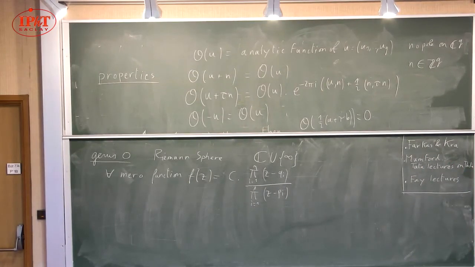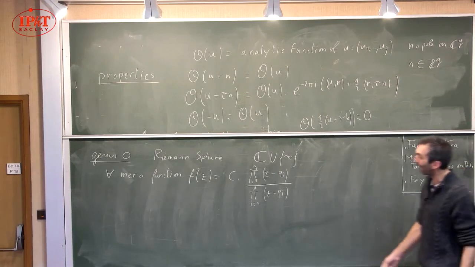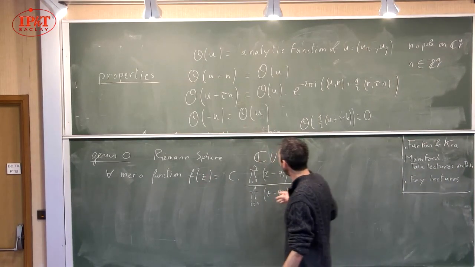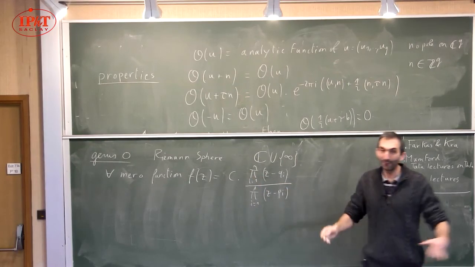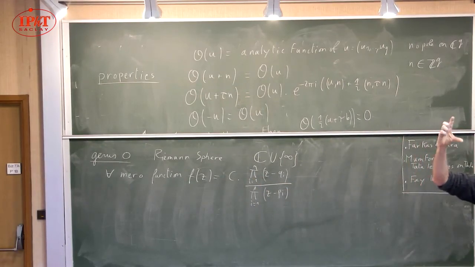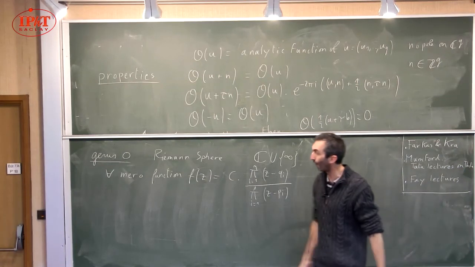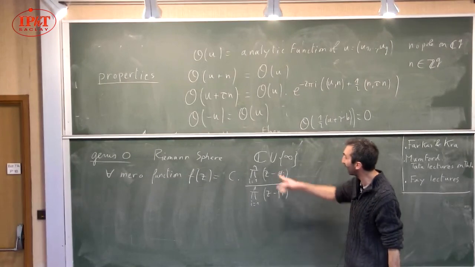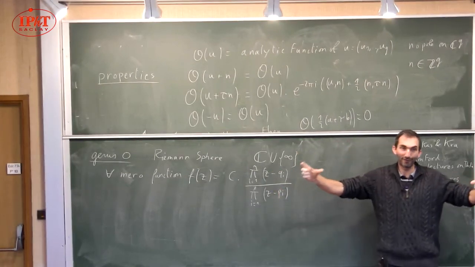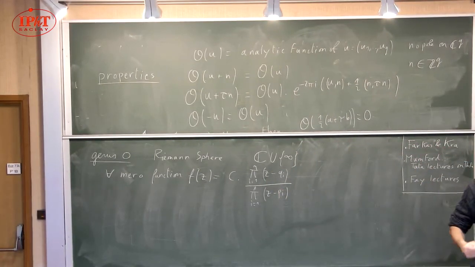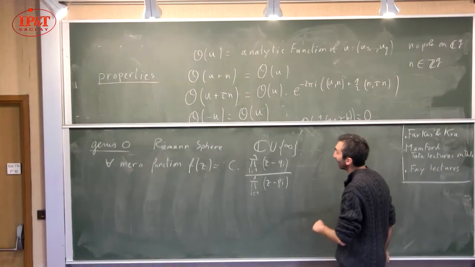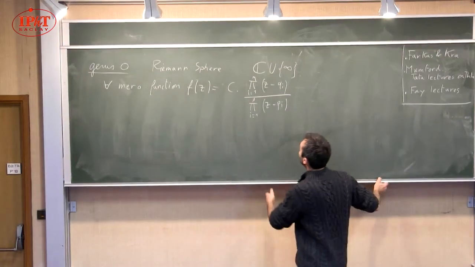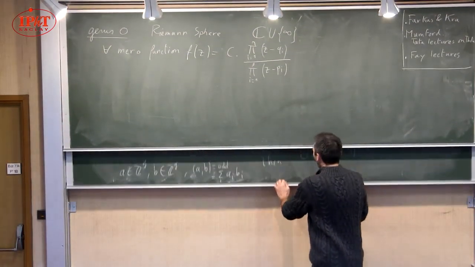So basically any meromorphic function is a constant times a product of elementary building blocks divided by a product of elementary building blocks. And we shall now have the same theorem for all genus, but replacing the monomials, the things that have only one simple zero, by theta functions. So that's the idea. So how do we do that?